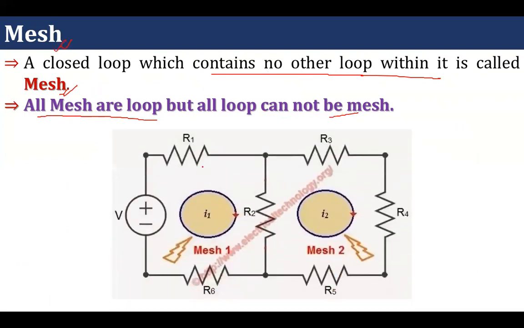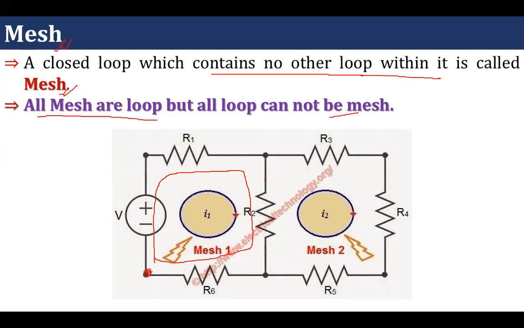For example, in this circuit we have 3 loops. Loop number 1: I start from this node, then go through this voltage source, then this resistance R1, this resistance R2, then resistance R6, and reach the same point.